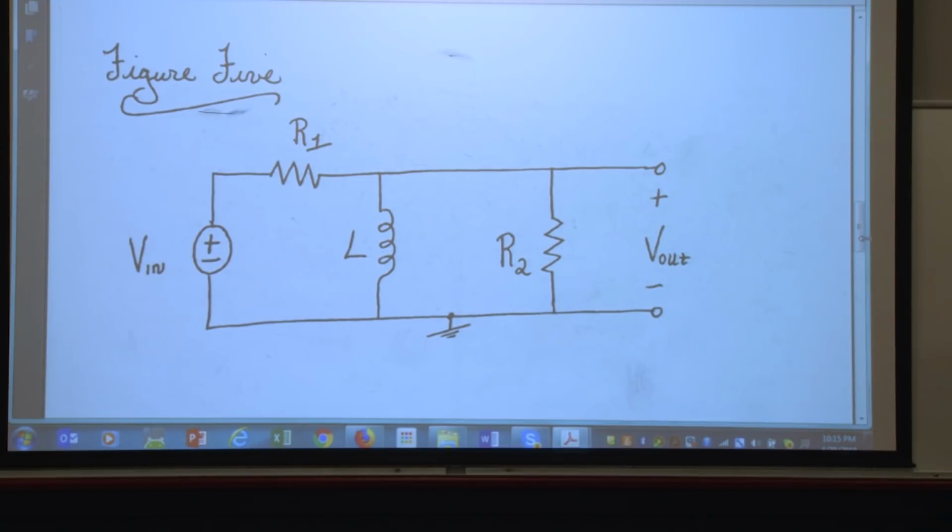All right, so looks like a filter circuit. So we have R1 and L and R2, and I'm probably going to ask for V out over V in.